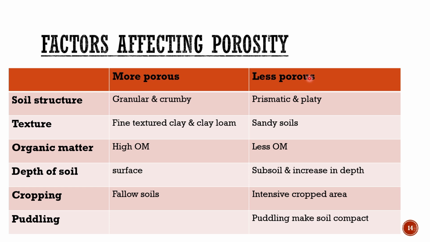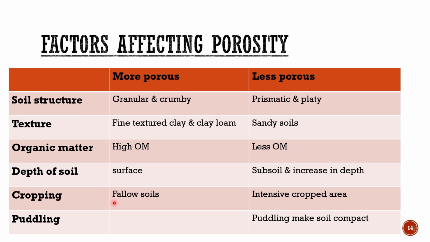And addition of organic matter. If the soil has high organic matter, it becomes more porous than with less organic matter. So that is the importance of addition of organic matter. Then surface soils are more porous compared to the subsoil, and porosity decreases with increase in depth. Then fallow soil, that means undisturbed soil.